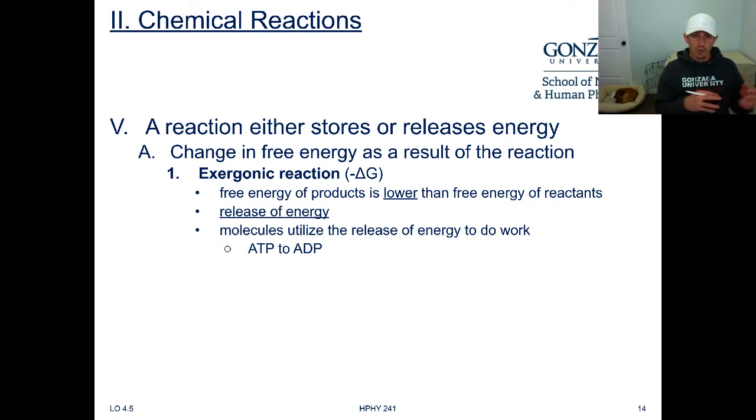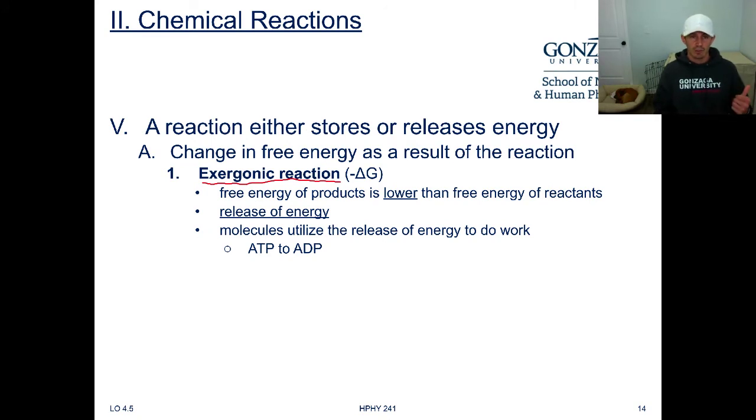They either release or store energy, and if a reaction releases energy, then it is what we call an exergonic reaction. Again, I'll show a diagram of exergonic and endergonic side by side on the next slide, but just bear with me for a minute.